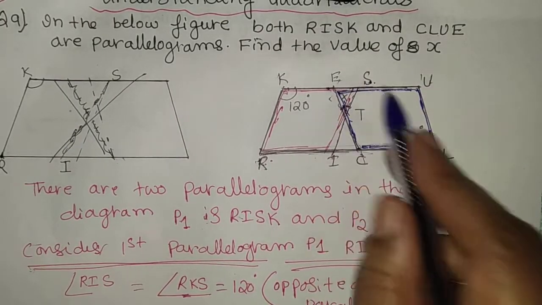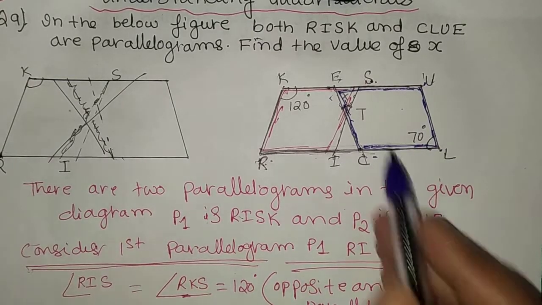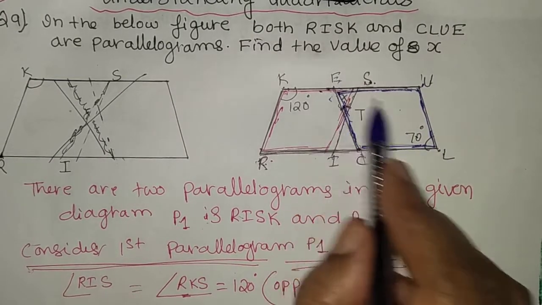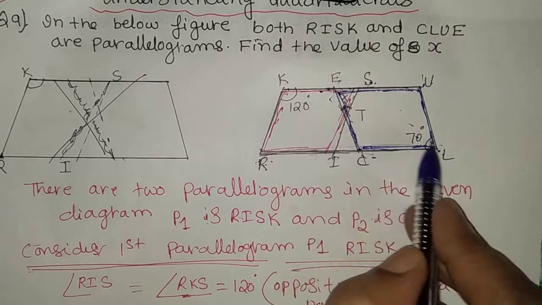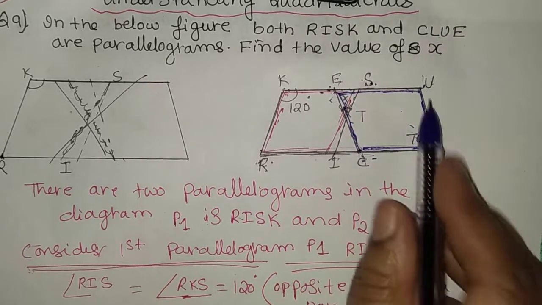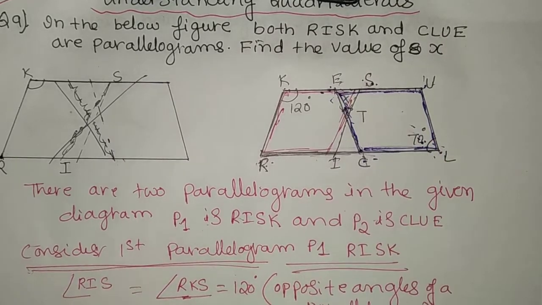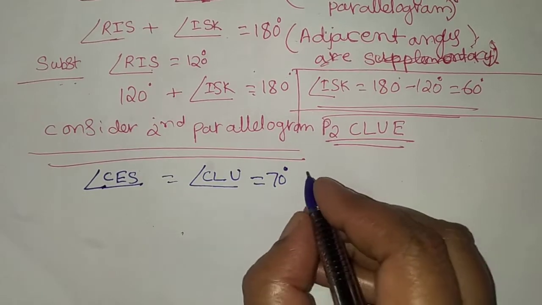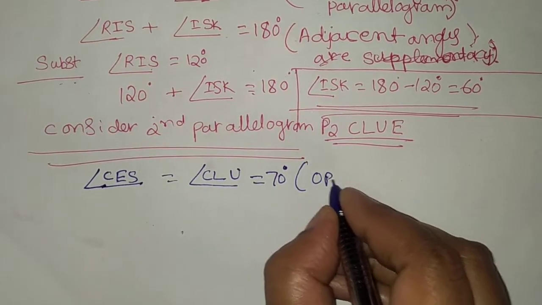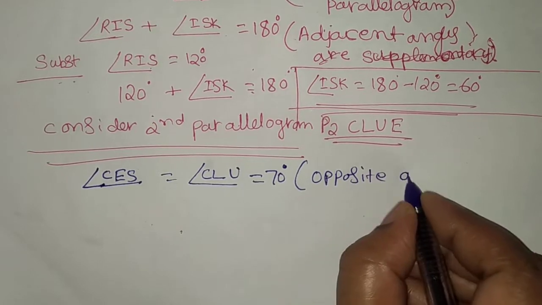This angle CES is equal to CLU. These two are equal because the opposite angles are equal. Here 70 degrees. So opposite angles will be equal. You can write in the bracket: opposite angles.